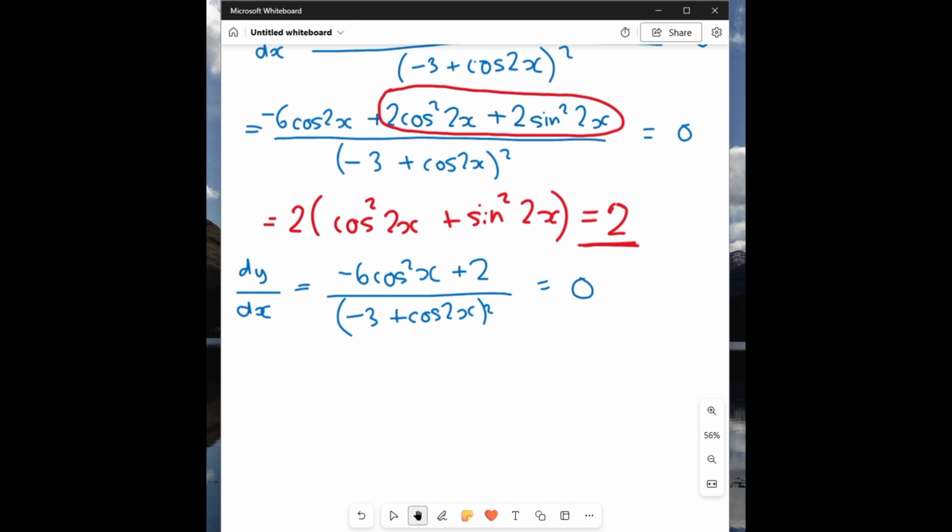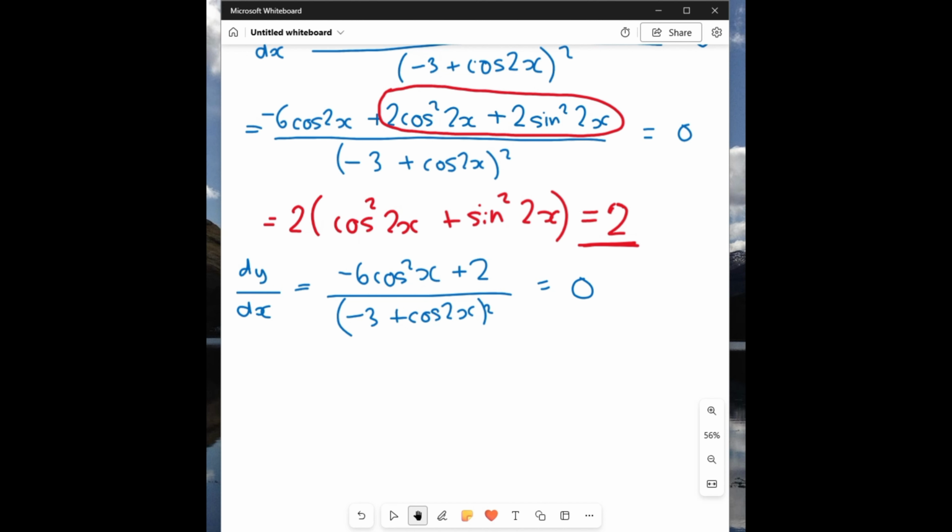Because if the numerator equals 0, the whole thing equals 0, doesn't it? So we can basically get rid of the denominator, because if we try and make the denominator 0, it doesn't work. You can't divide by 0. So we are dealing with just the top bit.